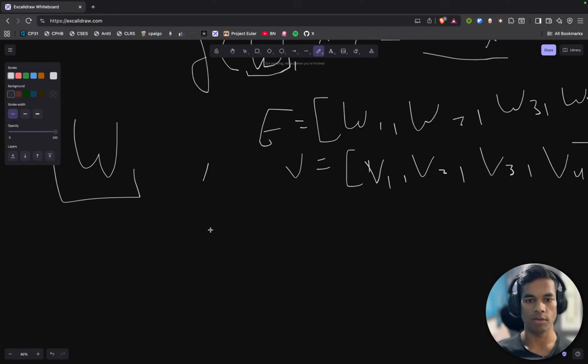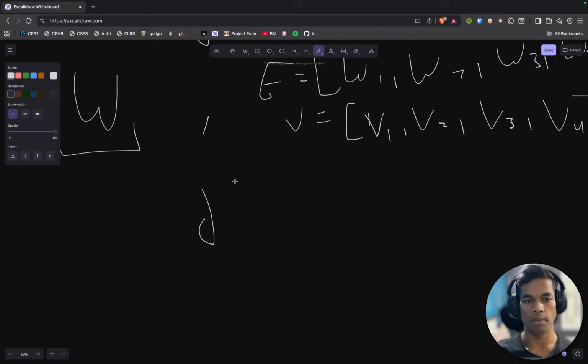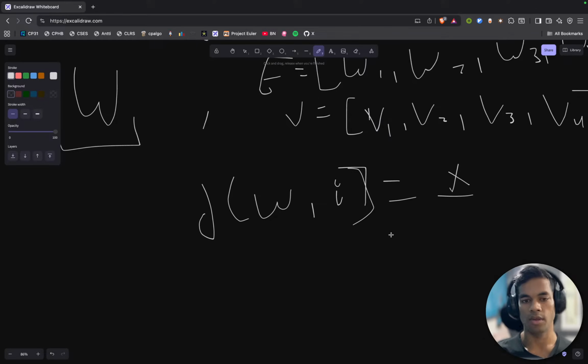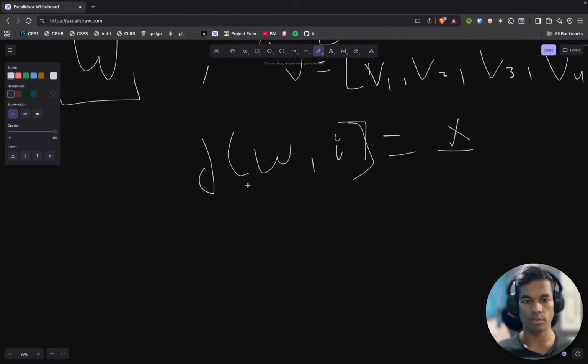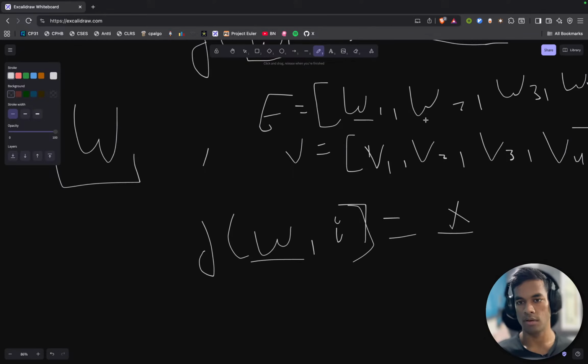And when we define a subproblem, let's say by F(W, I), this returns something called X. So here W is the weight that we want to achieve, that we can have adding these elements, and I is the index of starting from the first element, how many elements we are adding to our bag.